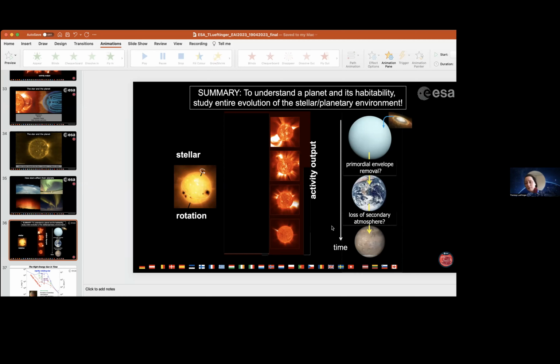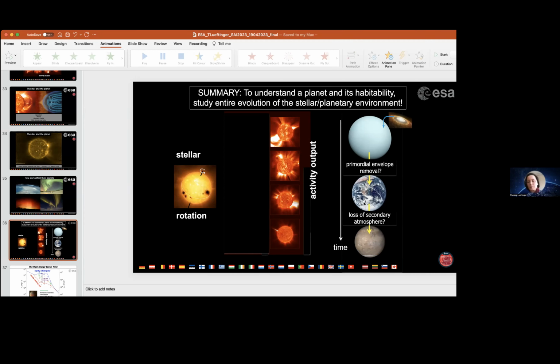On the other hand, we might need a good level of activity in the past, but if this activity is too high, the secondary atmosphere would also be blown away and could have a very detrimental effect. So there might really be a very delicate balance necessary, for example a star that is active enough, but not too active. And of course, it also depends a lot on the planetary mass.